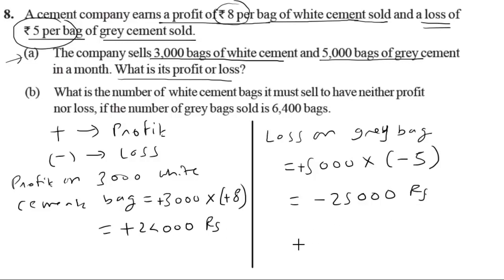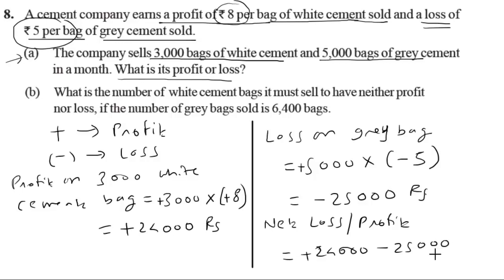Now whether it is a net profit or loss, we don't know, so we will add them: plus 24,000 and minus 25,000, which is the loss on the grey bags. There is one integer with a positive sign and one integer with a negative sign, so we will do the subtraction. 25,000 minus 24,000 is 1000, and we apply the sign of the greater number, that is minus.